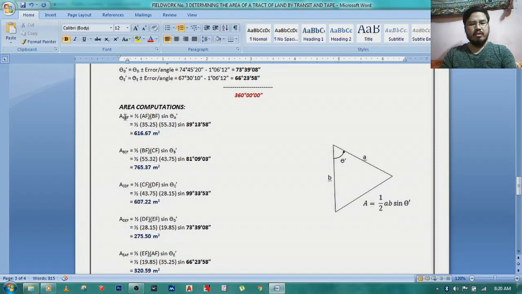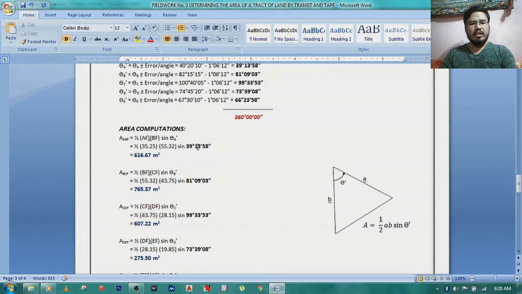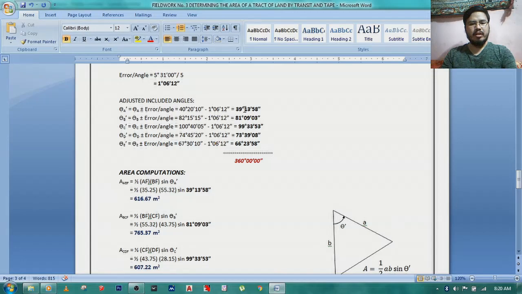Triangle ABF is 1/2 AF times BF times sine theta A prime. So that will be 1/2 times 35.25 times 55.32 times sine theta A prime. Where is theta A prime? Here, theta A prime.